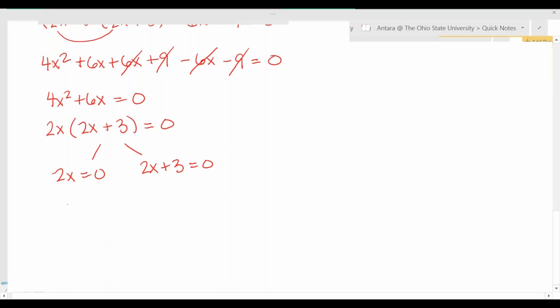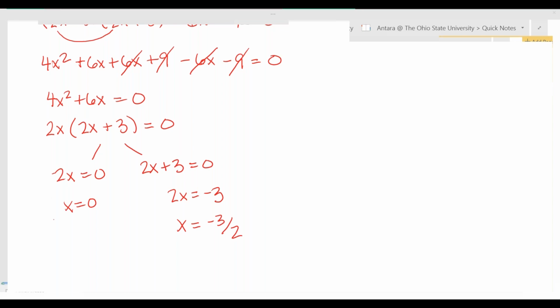On the left side, pretty easy, divide by 2, and it becomes x equals 0. And on the right side, we're going to bring over the 3. So it's going to be 2x equals negative 3. And then we are going to divide by 2 to get the x alone. So it's going to be x equals negative 3 halves.